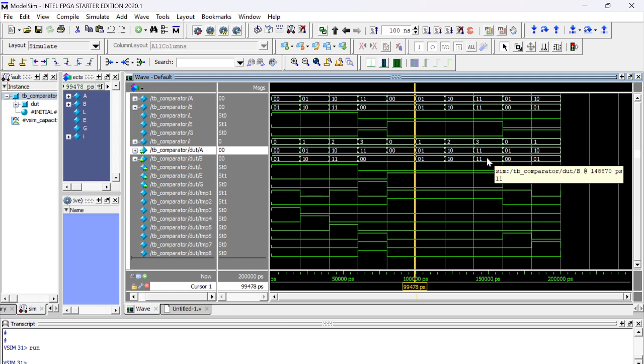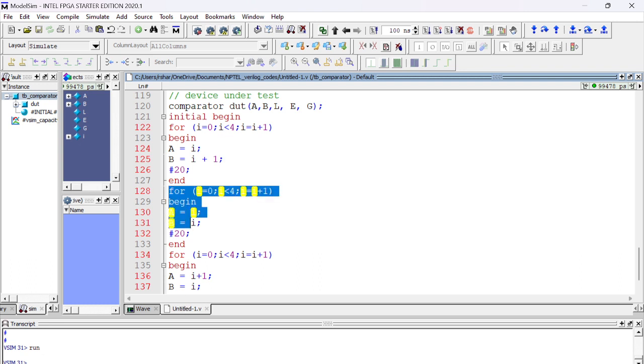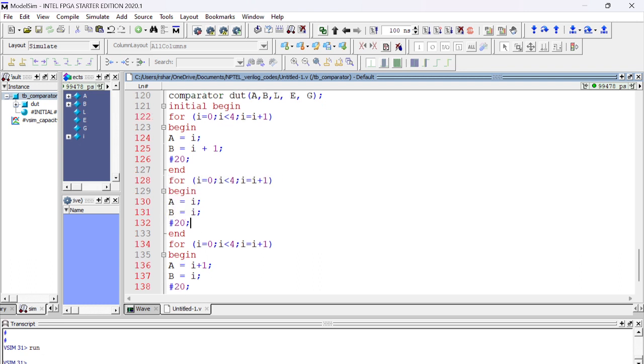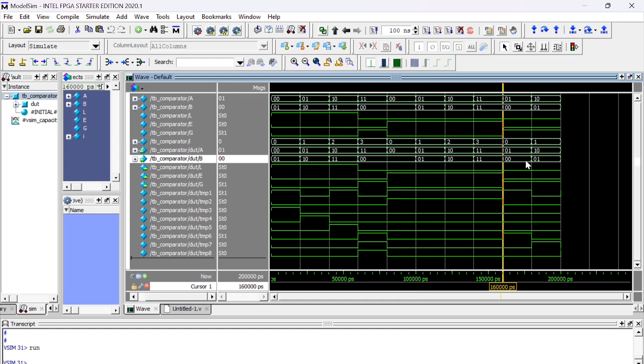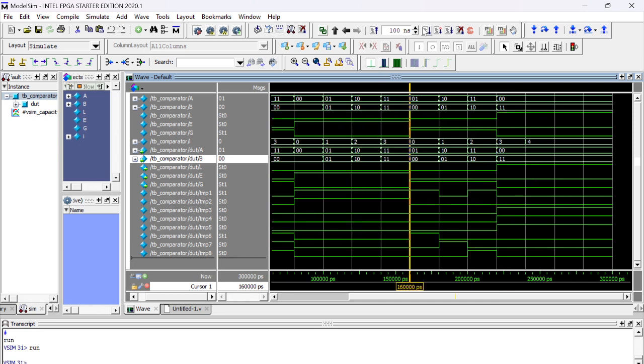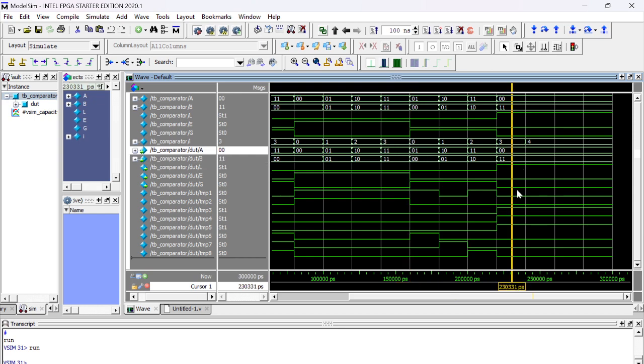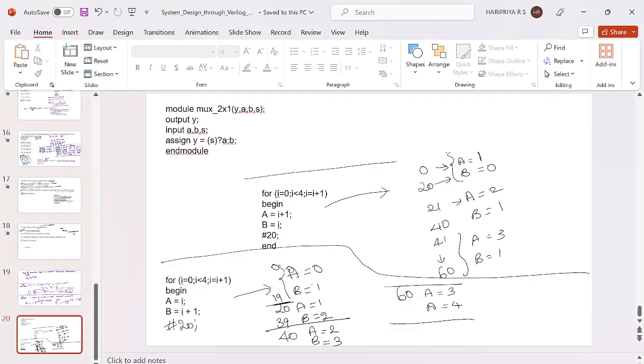The second for loop, which is this for loop. A equal to I, B equal to I. So after this for loop is completed, A is I plus 1, B is I. So you can say that for loop is executed. So this one at 20 itself it will be here. So this has to be before 20, sometime before 20.